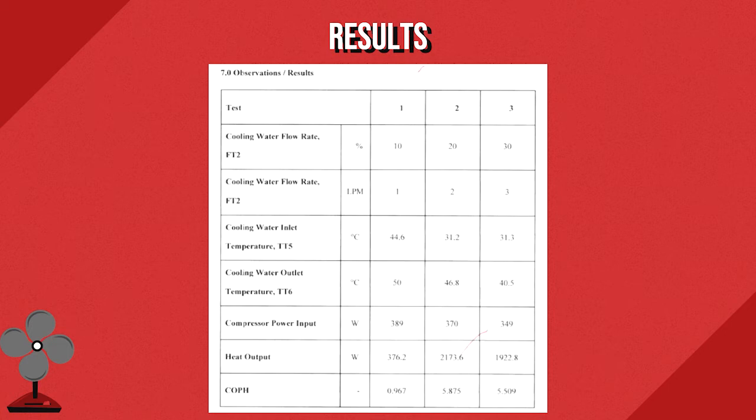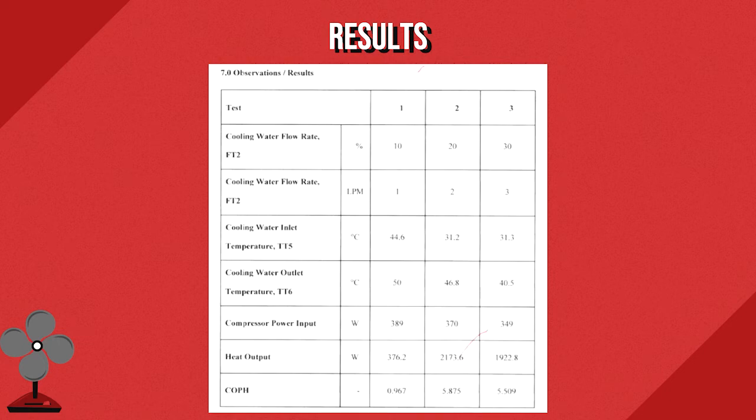Cooling water inlet temperature TT5 we get 31.2 degrees Celsius and cooling water outlet temperature TT6 we get 46.8 degrees Celsius. For compressor power input we get 370 watt and heat output is 2173.6 watt. For COPH we get 5.875.